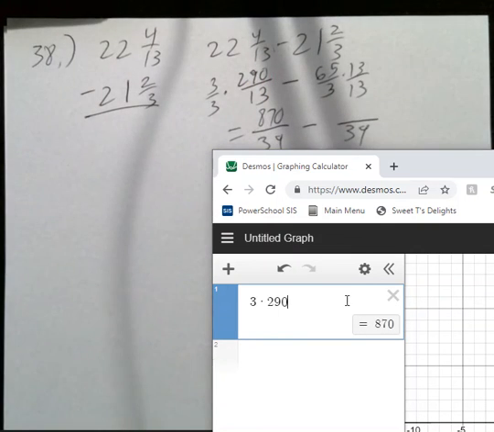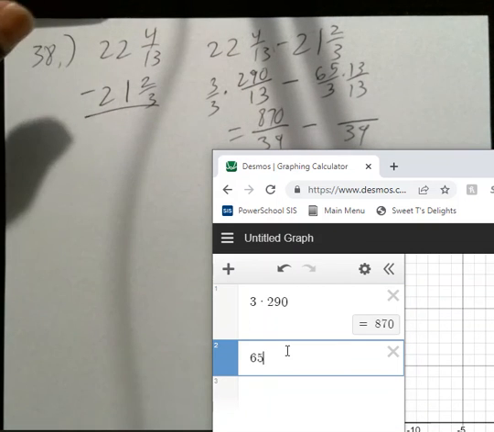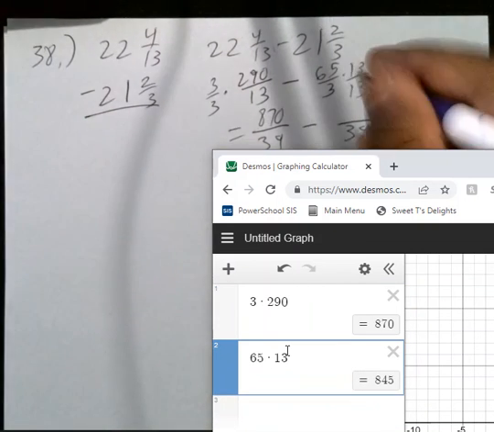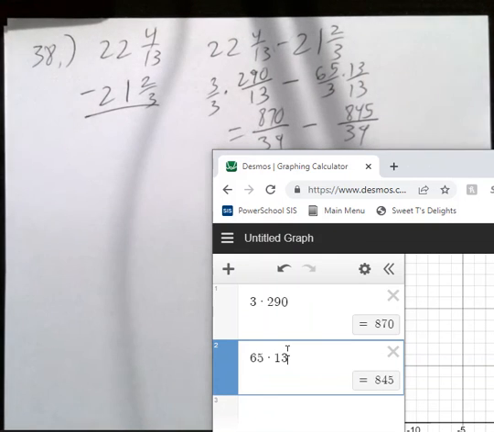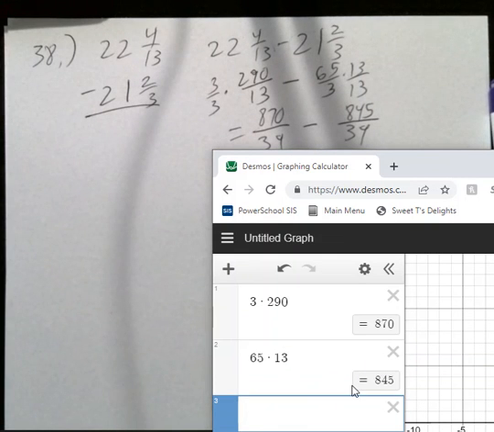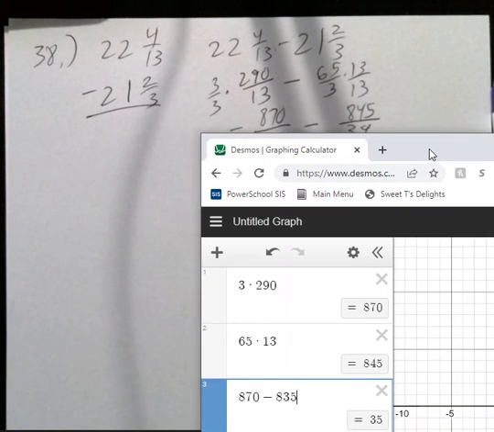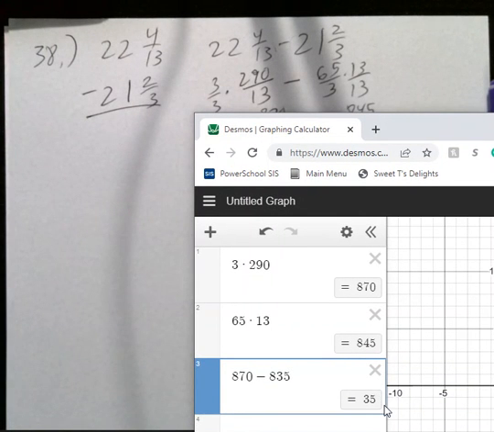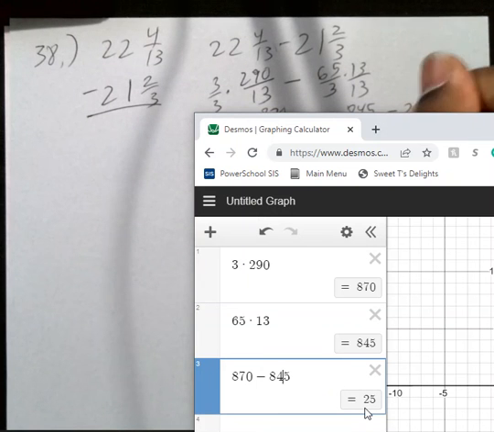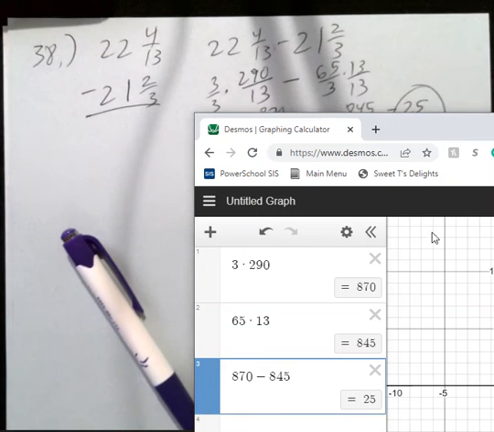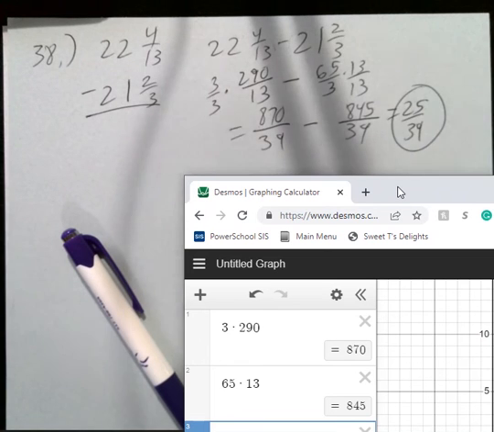And then 65 times 13. That'll give us 845. Now we could take these two values, the 870 minus the 845. That would give us 25 over 39. And that will be our final answer. So it'll be 25 over 39.